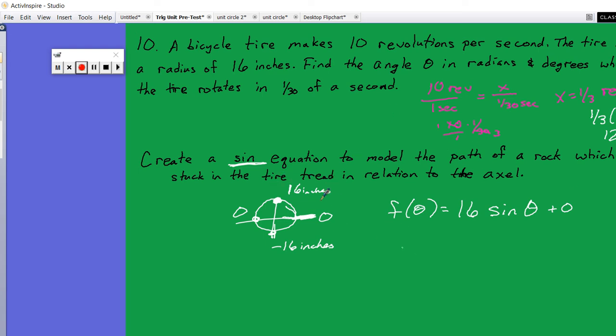okay, so the frequency on this is 10 revolutions per second. So the period is the reciprocal of that.